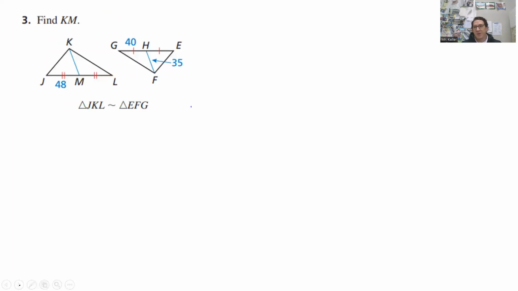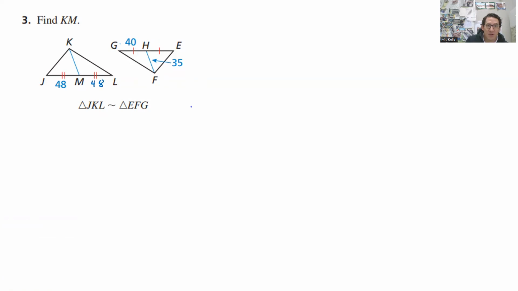Next example. So here we need to look at these marks here. I'm going to label some things just to help us out. So JM is the same length as ML. We can tell by the congruency marks there. So this is also 48.